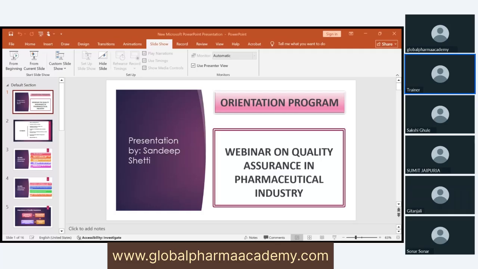By governing these procedures, the quality assurance department will identify and minimize the risk throughout the product life cycle. So the second role is to minimize the risk across the product life cycle.